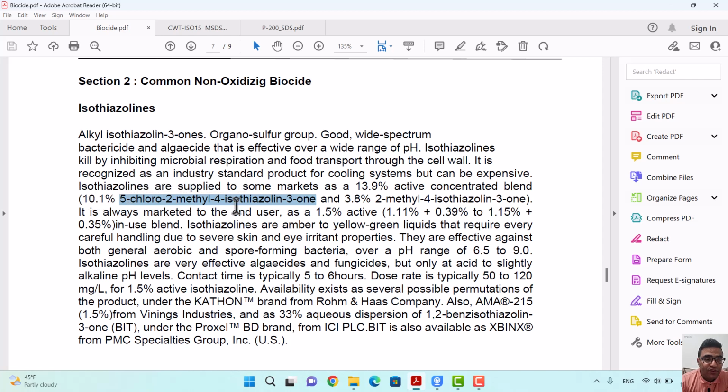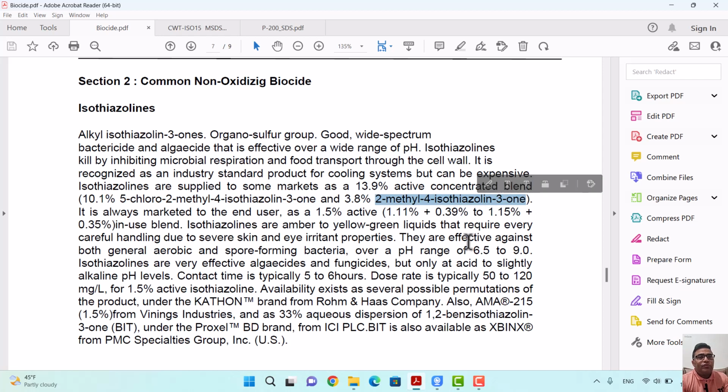About approximately 10% of this component and about 4% of this component by 40% active concentrated blend, but it is always marketed to the end user as a 1.5% active blend: about 1.11% of this component and 0.4% of this component, or 1.15% of this component and 0.35% of this component.